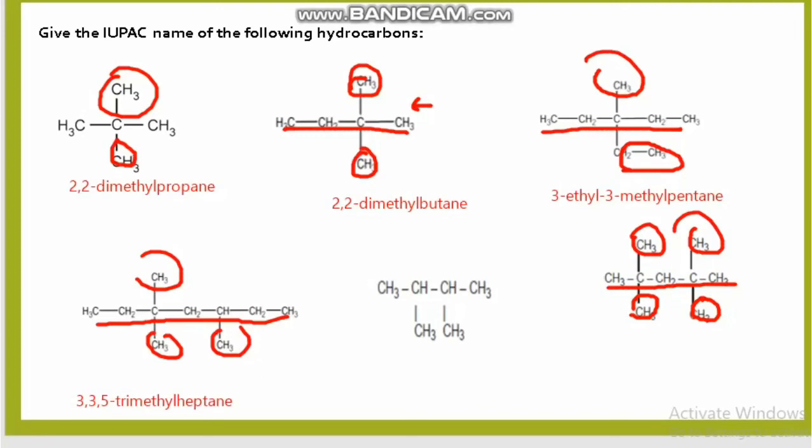So the main chain consists of 5, so it's a pentane. And because we have 4 identical branches, that's a tetramethyl. We're going to start numbering. The first is connected to the second, and the second is connected to number 2 also. The third is connected to the fourth, and the last one too. So it's 2,2,4,4-tetramethylpentane.